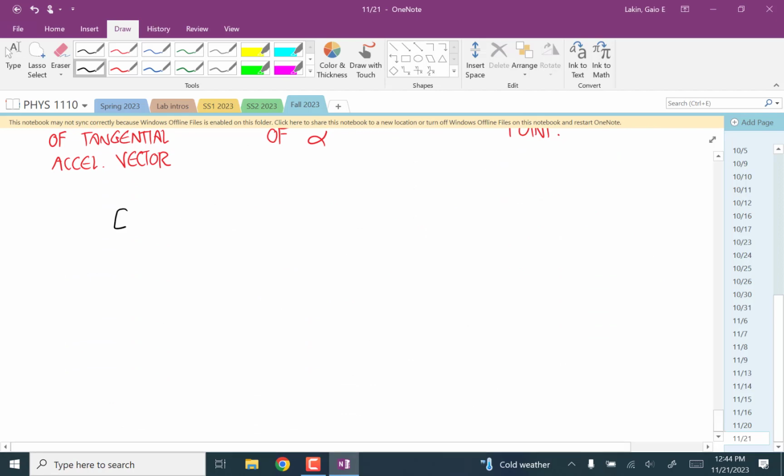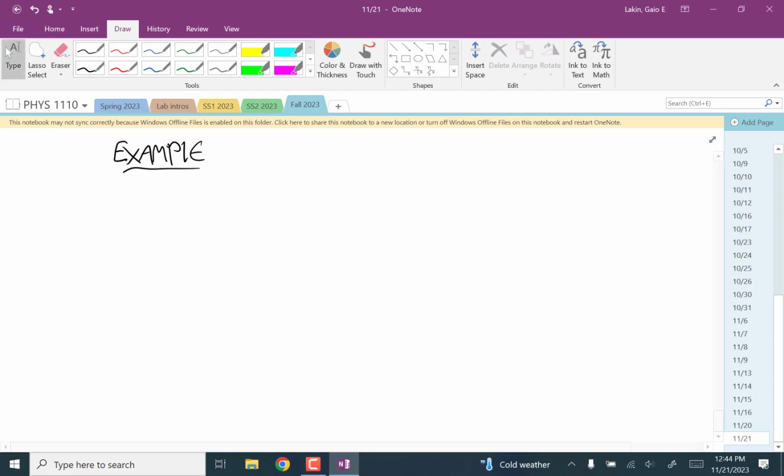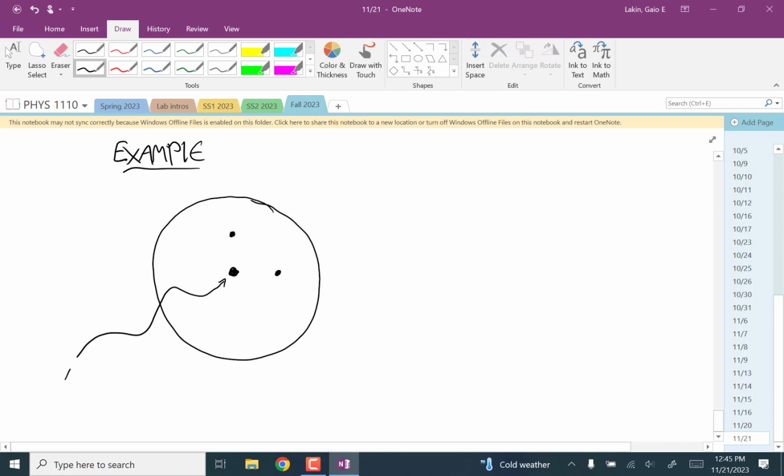Okay, so let's do an example again. This time, we have a wheel rotating about a point at the center. That center point is the about point, physically like a hinge or a pin that this is spinning around. Let's think about the velocity and acceleration of two points on the body.